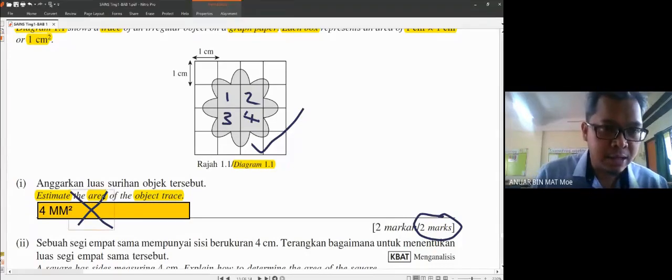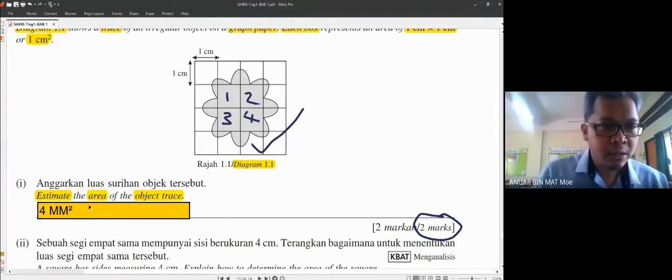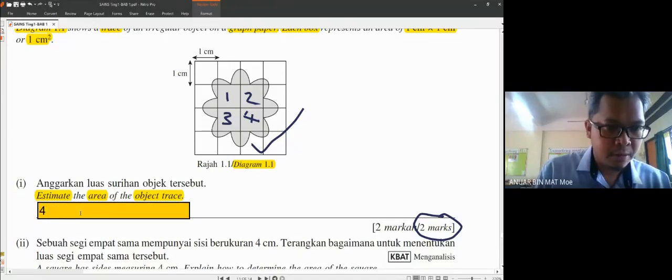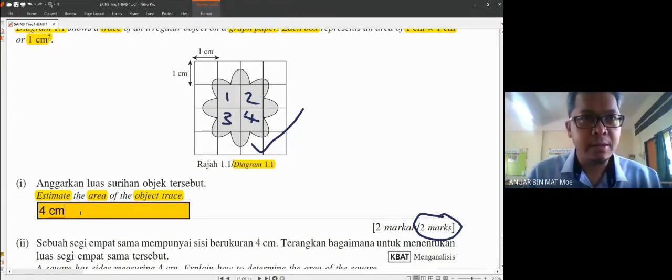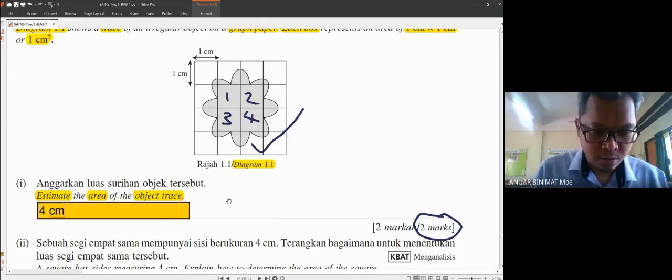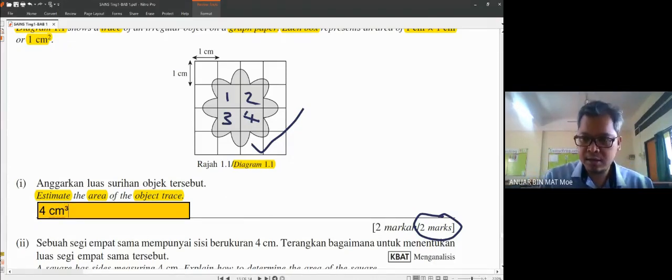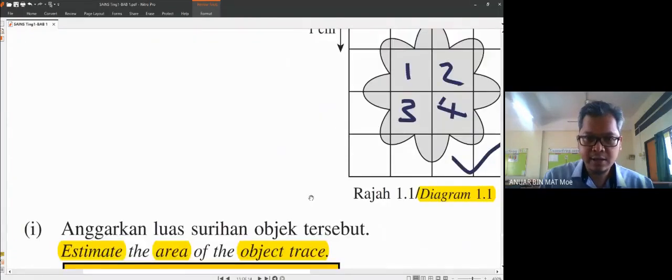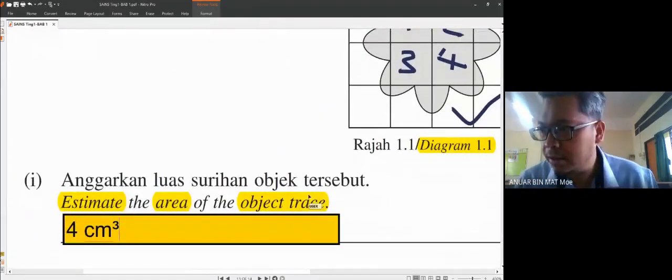Okay, another case. If like this, centimeter. Can you see the answer here? If like this, cannot.